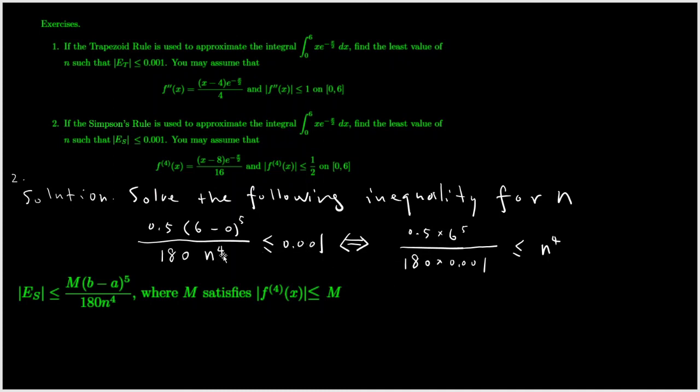You multiply two sides of the inequality by n to the power of 4, and then you divide two sides of the inequality by 0.001. You can achieve that.